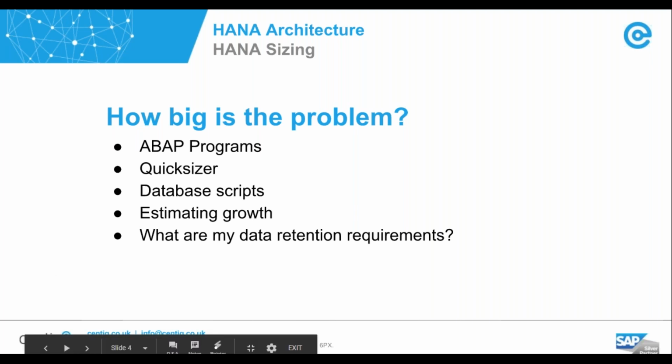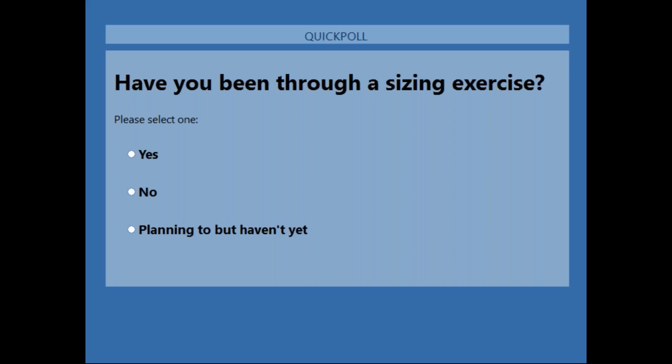So, where are we? Estimating growth. It's going to be an important thing, isn't it, to then look at how big the system is and how much it's going to grow. You'll know some information from your business in terms of what things are happening. You'll be able to estimate growth, but it is quite a challenge to do this, isn't it? Yeah, it's not always easy.